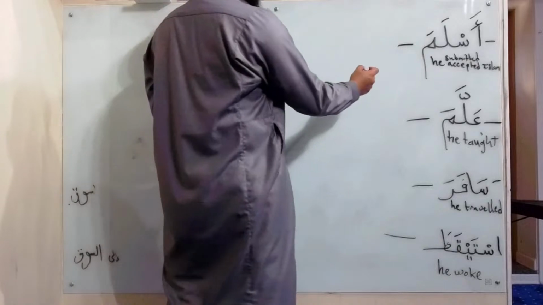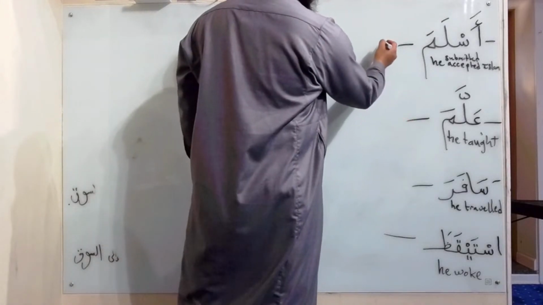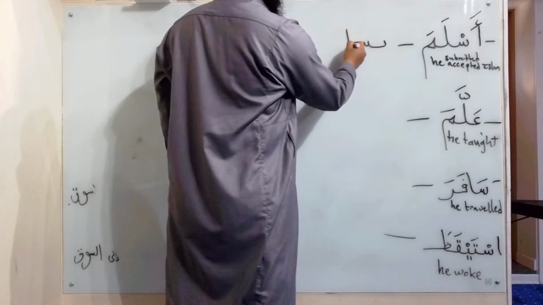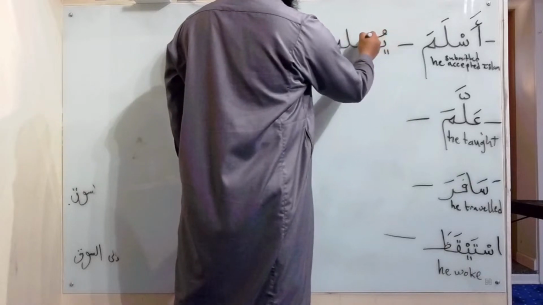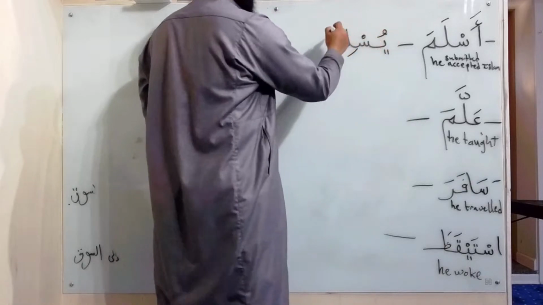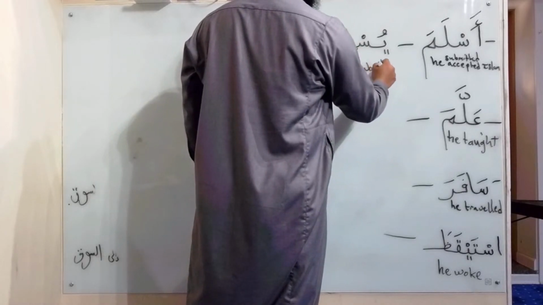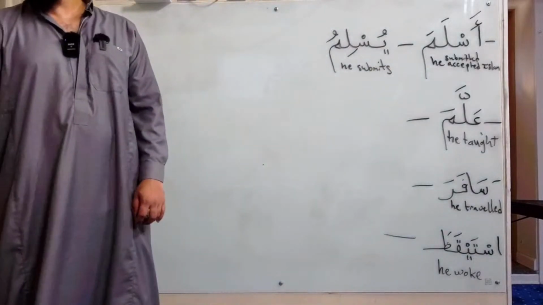Aslama means he accepted Islam or he submitted. Now, he submits is going to be yuslimu. He submits, right? Or he accepts Islam or he is accepting Islam.